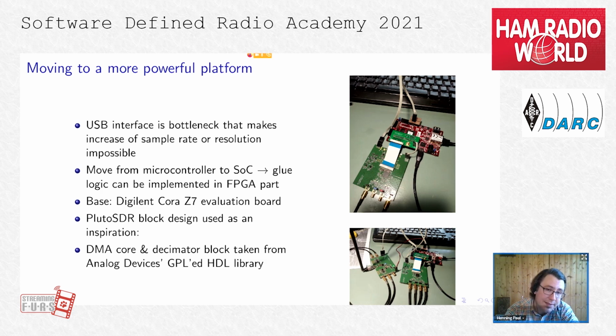It's on GitHub, and this is a link here. If you get the slides, you can click onto it. You find all the blocks from the Pluto SDR there. You will find the decimator block there. You will find the DMA controller that's essential to get samples properly into your SoC from the ADC.